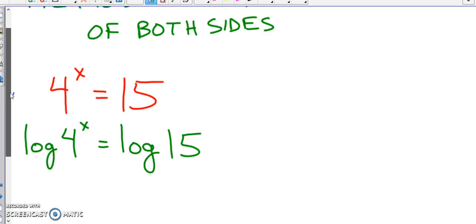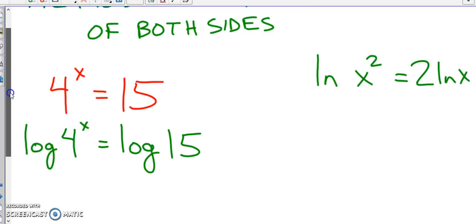Like if you recall, when we had the ln of x squared, how did we expand that? We did that the other day. Right, so you bring the exponent down.